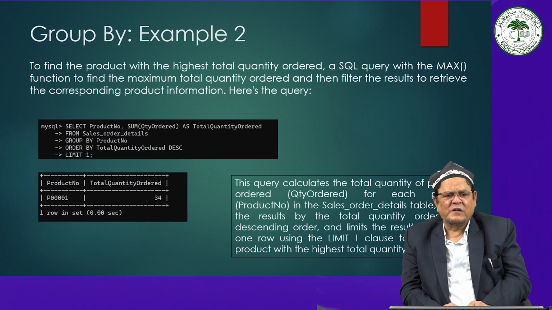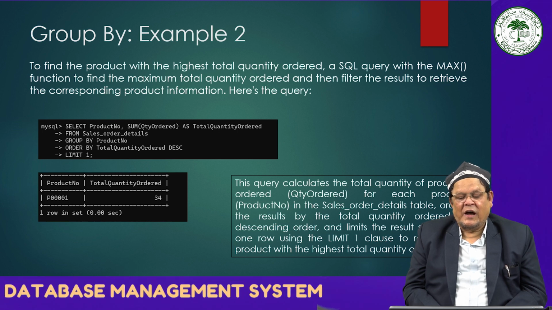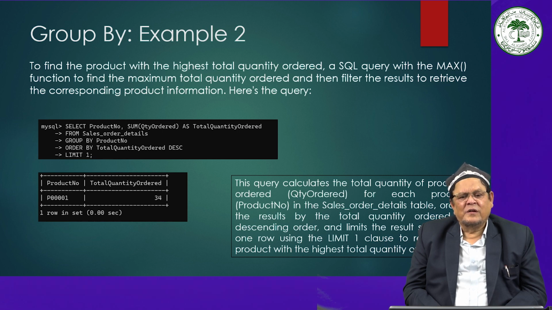Next example: the query is to find the product with the highest total quantity ordered. A SQL query with the max function to find the maximum total quantity ordered, and then filter the result to retrieve the corresponding product information.